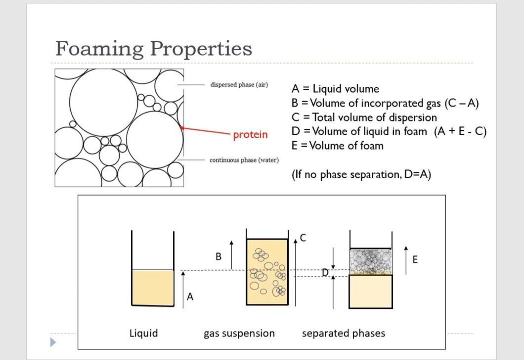We can evaluate foam properties in several ways. We can use different volume fractions of foam for our evaluation. Here it's given from A to E. A is the liquid volume, B volume of incorporated gas, C total volume of dispersion, D volume of liquid in foam, and E volume of foam. So let's see.